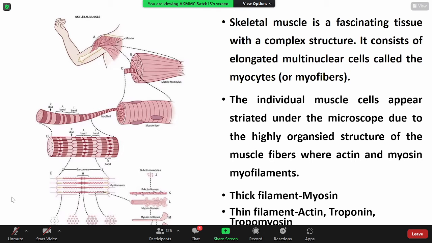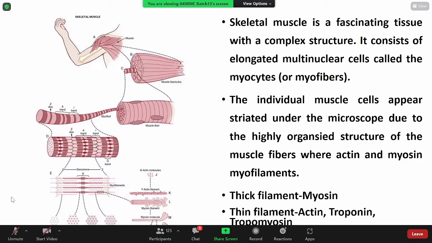This isotropic I band has a dark line which divides the band into two parts. This dark line is called the Z line. Why is this line dark? When we see the microscopic structure, we will see this line this way.